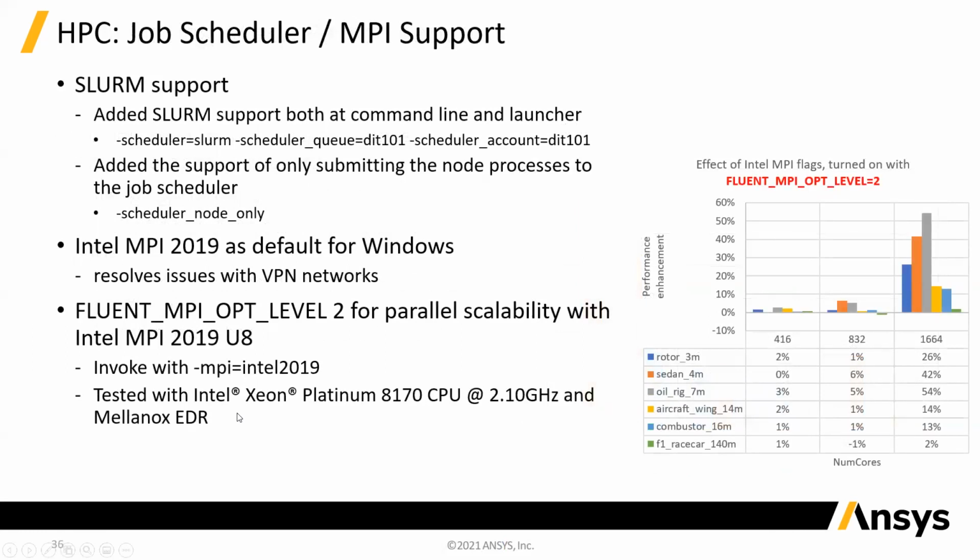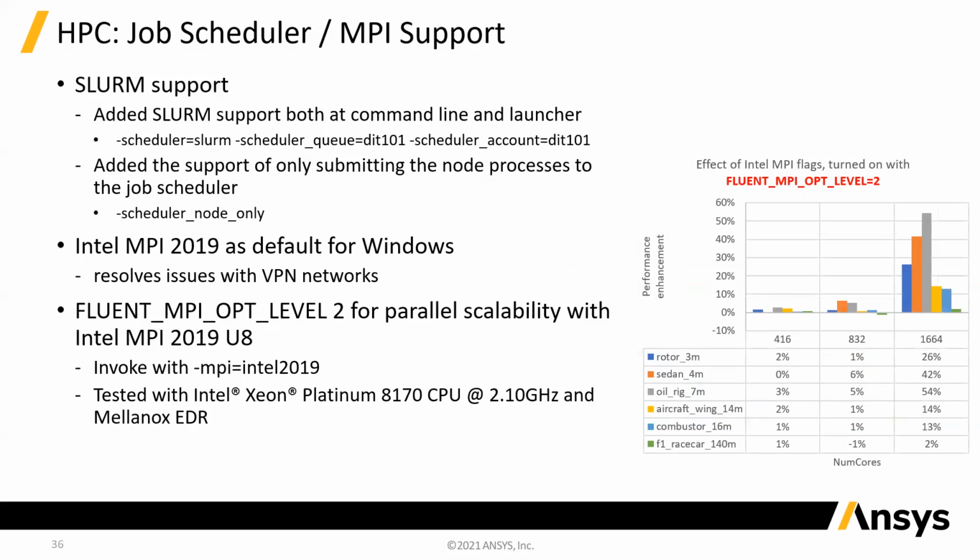A couple of architecture issues or improvements. So the Slurm system for job submission is now fully supported. On Windows, the MPI has been upgraded to 2019 as a default.